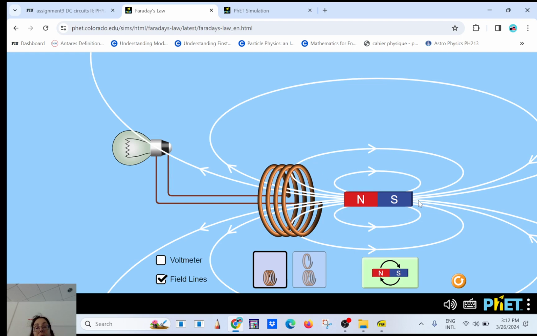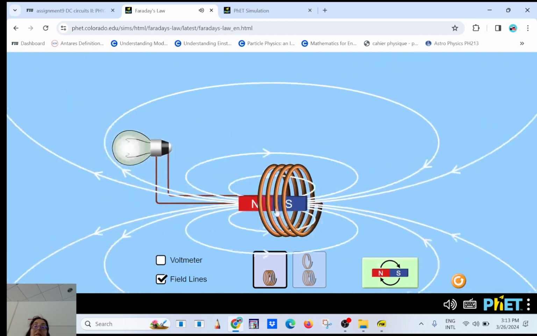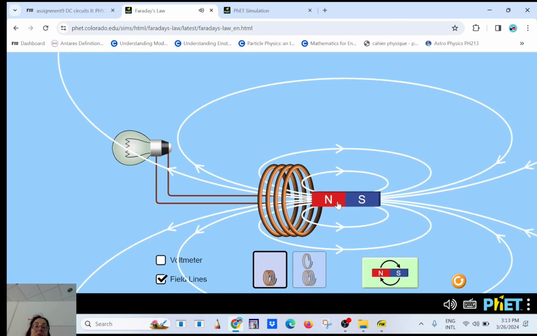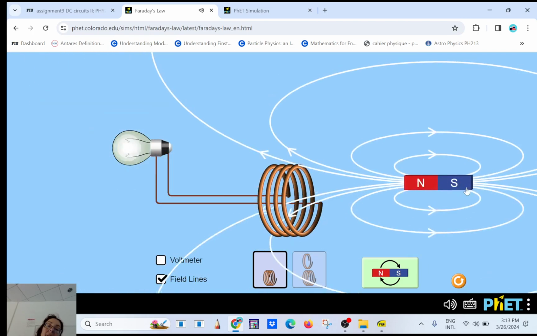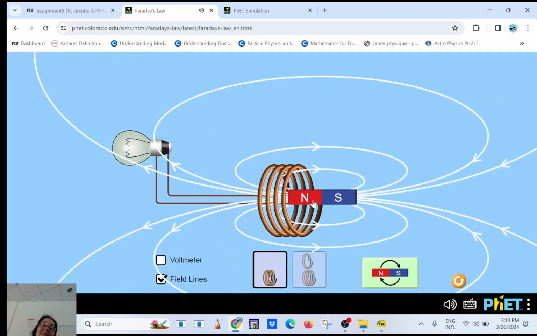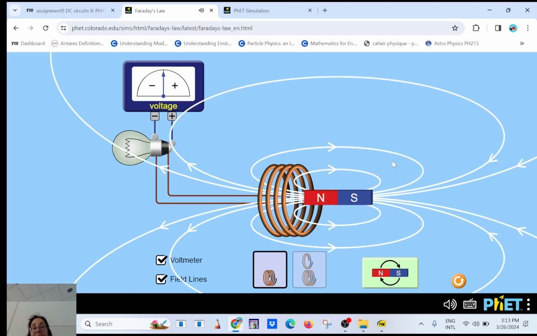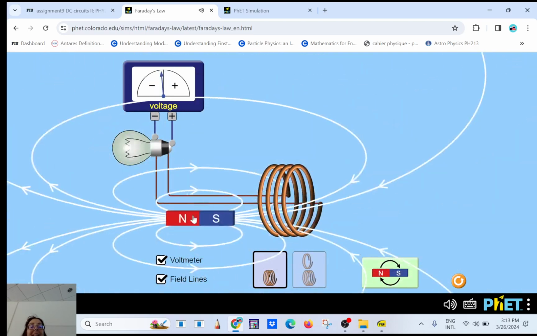Now what you need to do is something like this, right? You have to move so that you increase the number of lines, then decrease the number of lines. You increase, you decrease, and then you get AC. You see how it works? If you attach a voltmeter instead, you see how you produce AC.